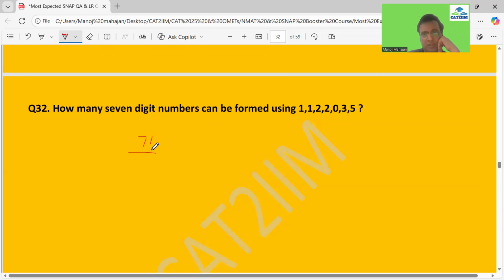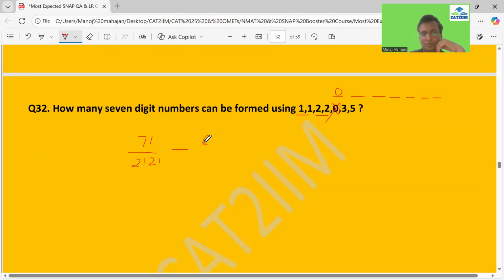So if all would have been different, 7 factorial, there are 7 digits, right? But 2 are of one type, 2 are of the other type. So divide by 2 factorial, divide by 2 factorial. And now minus what will we be doing? All the 6-digit numbers. And how would you get that? When you have 0 out here, right? So this 0 would be used.